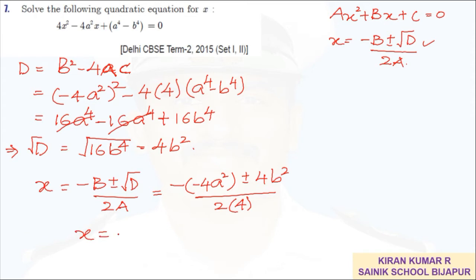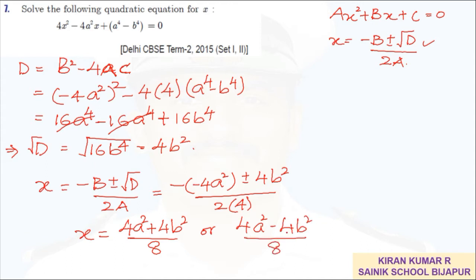So the x values are 4a square plus 4b square divided by 8 and 4a square minus 4b square divided by 8. Or else we can write the same thing as x is equal to a square plus b square by 2 or a square minus b square by 2. These are the roots.